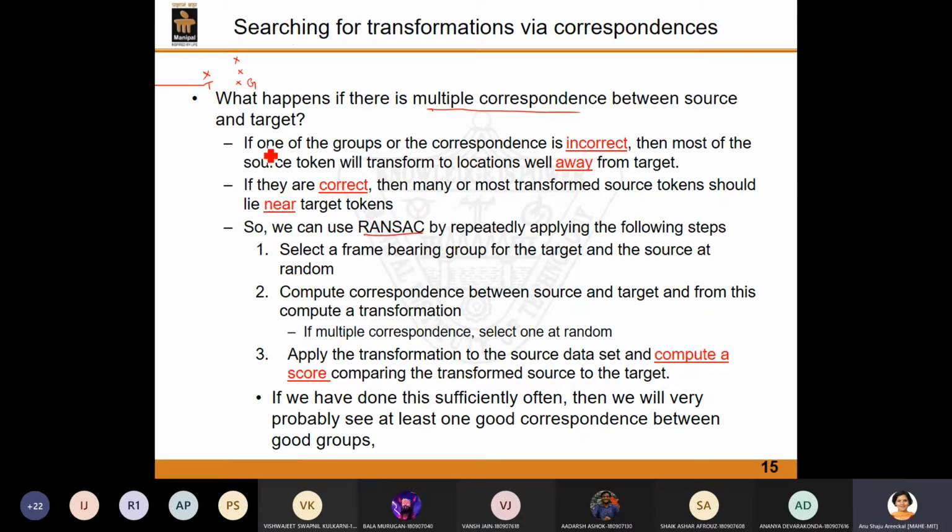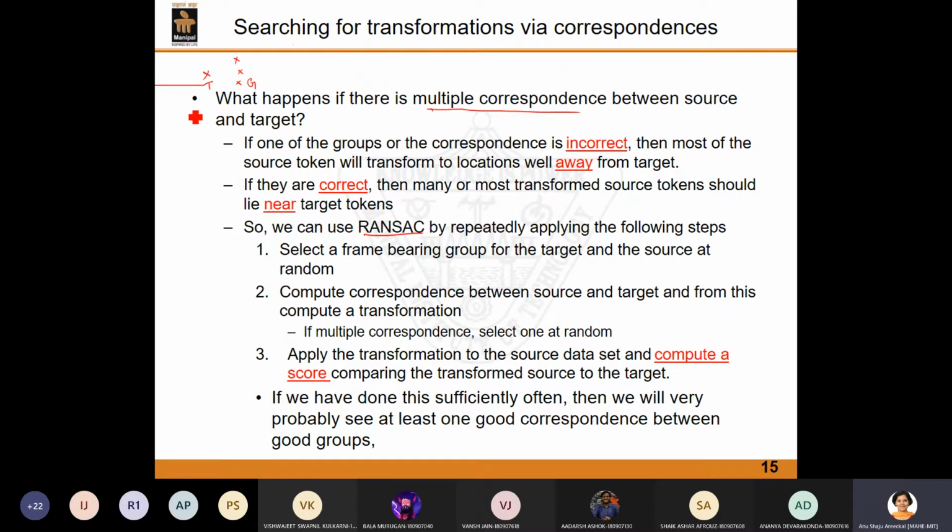A similar concept is used here. First you select a frame-bearing group for the source and the target. That frame-bearing group can be 2 points, or a line and a point, etc. Let us say we are taking 2 points as the frame-bearing group in this case, but it can be any frame-bearing group.